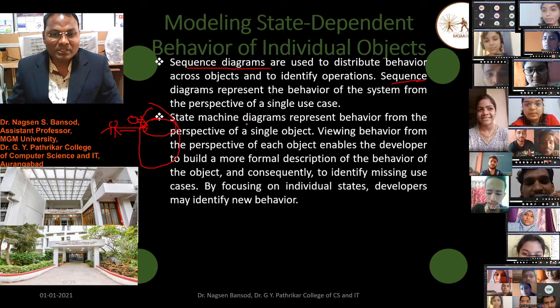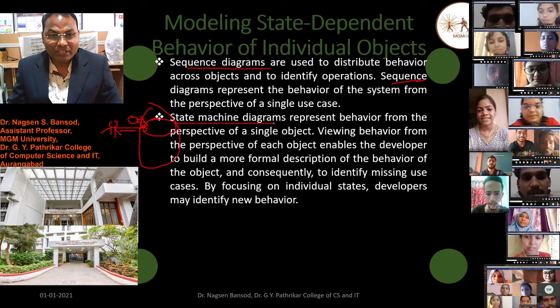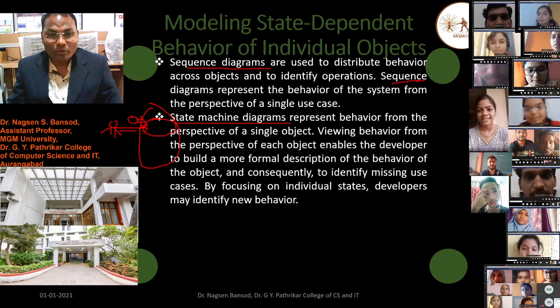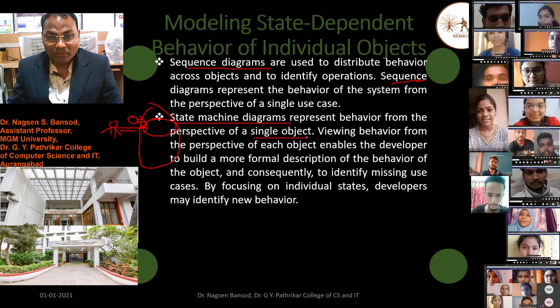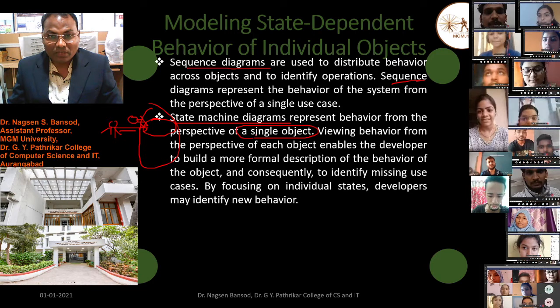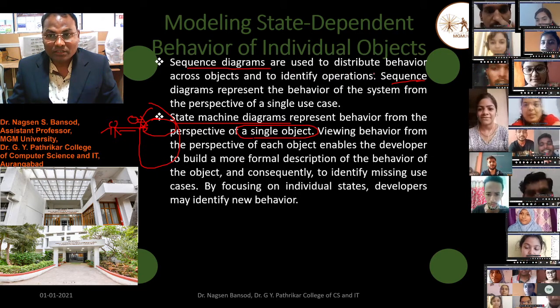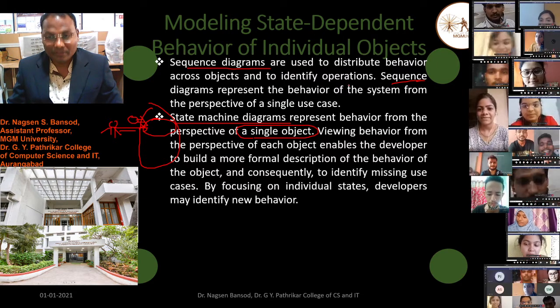The state machine diagram is another type of diagram, which represents the behavior from the perspective of a single object. From the perspective of a single object, but in the sequence diagram, it distributes the behavior across the objects and identifies the operations.